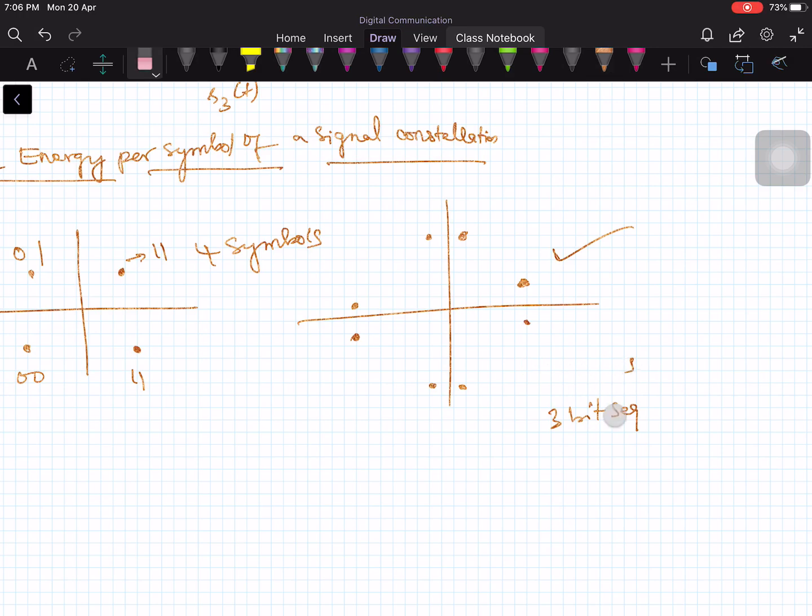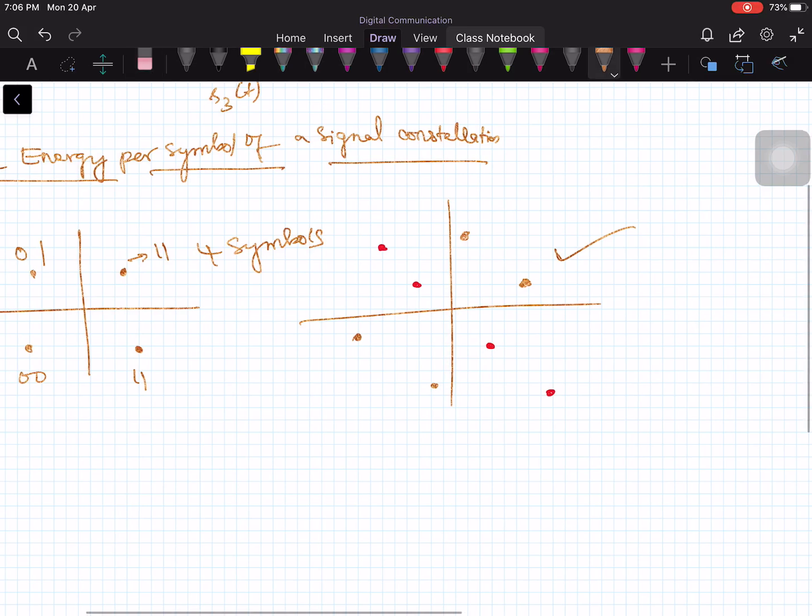I'll draw it properly: one point here and one point there, one point here, one point here, and this I will delete. Now look here. The energy of this is different from the energy of this one or this one, therefore different symbols have different energies.